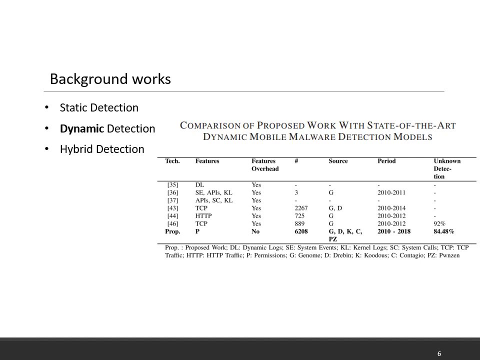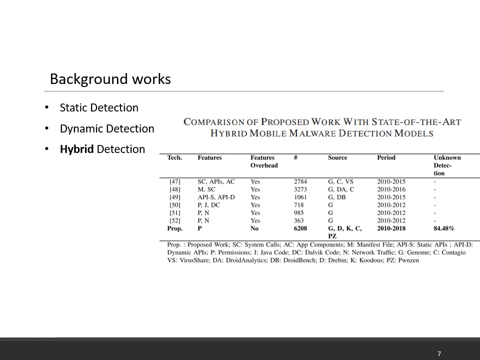The next type of method is hybrid detection models. Hybrid detection models aim to combine the two previous methods, static and dynamic components, to detect malware.